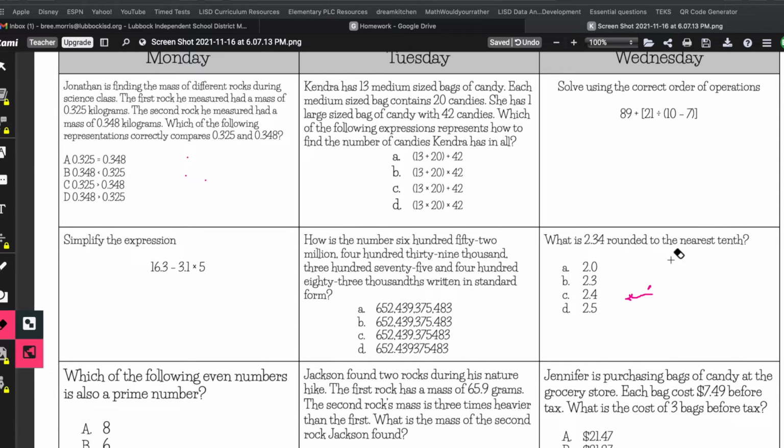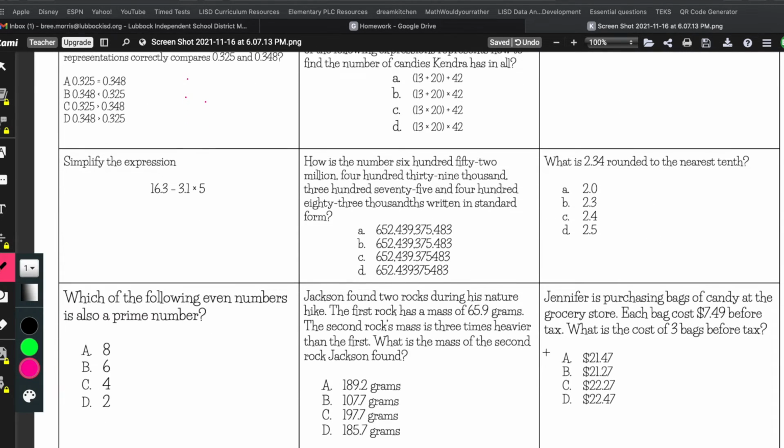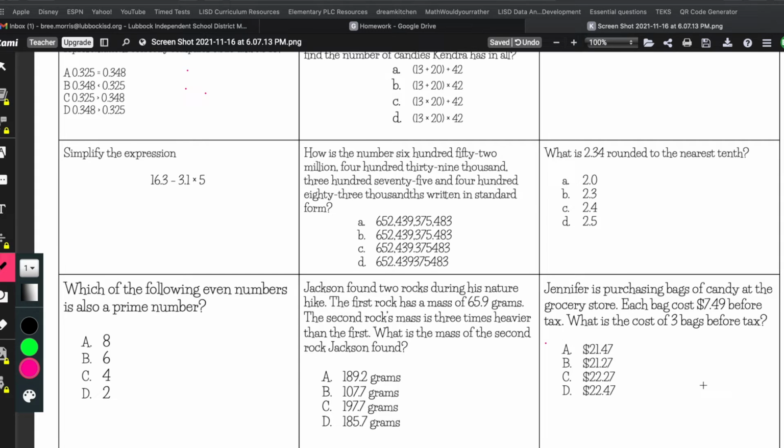Okay, next. Jennifer is purchasing a bag of candy at the grocery store. Each bag costs $7.49 before tax. What is the cost of 3 bags before tax? This before tax business is trying to distract you.